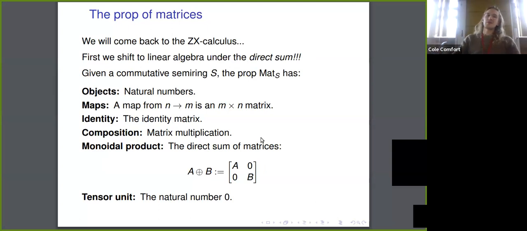If you want to get all of the matrices with only one type of wire, you have to choose the direct sum to be the tensor product. The direct sum is where you take two matrices and put them on the block diagonal.